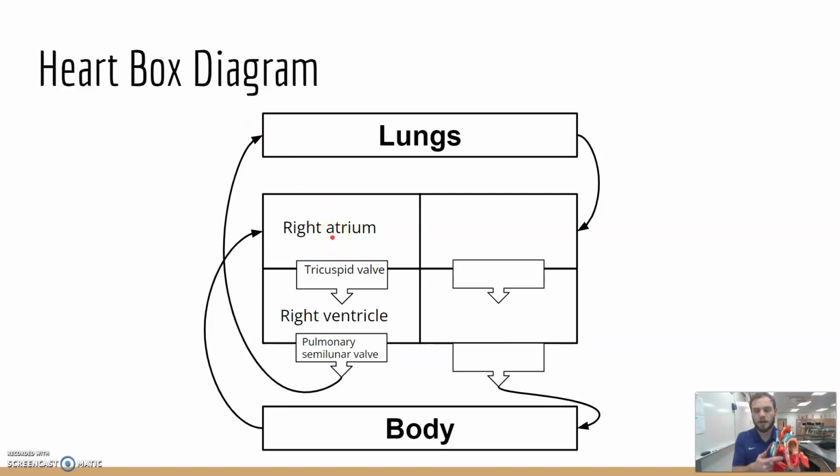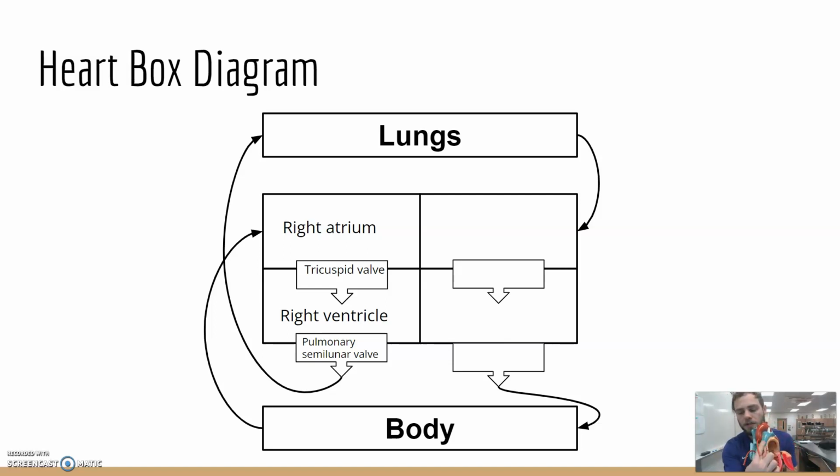Kind of hard to see with this model here, but once the blood passes through the tricuspid valve and it's sitting in our right ventricle here, that right ventricle will contract and it will send the blood up through. You can see the pulmonary semilunar valve here, those two little white dots there, semilunar because they look like half moons or crescent moons when it passes through.